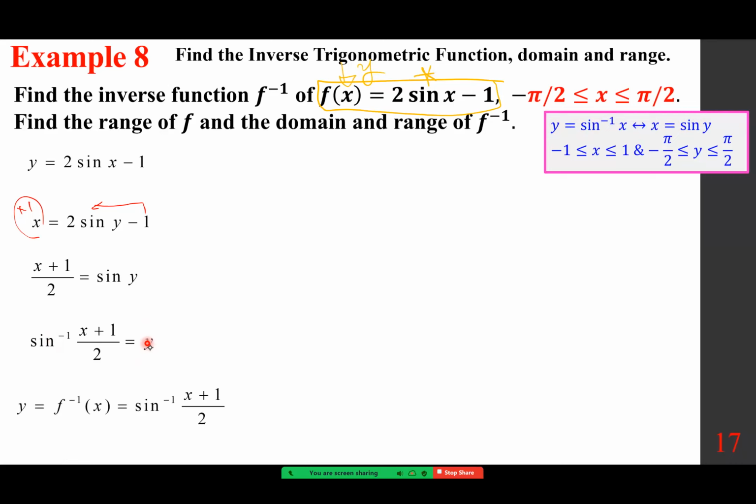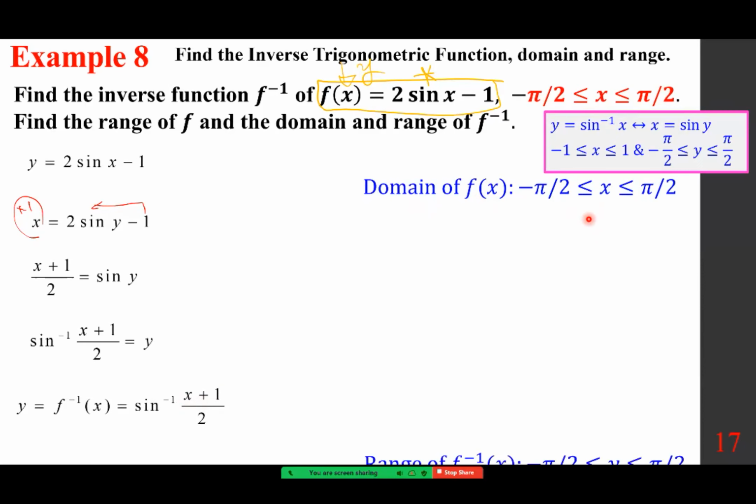We want to discuss the domain and range. If this is the domain for the function, it must also be the range for the inverse. Domain of f of x is given, okay? That means range of f inverse is given. So that's very straightforward.